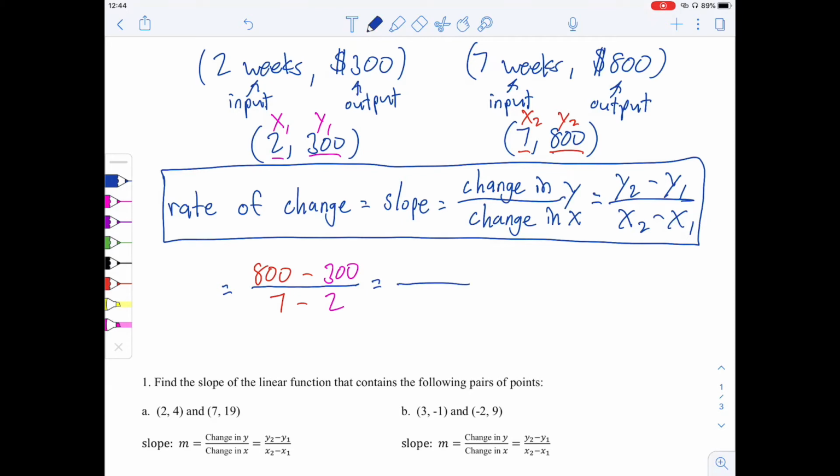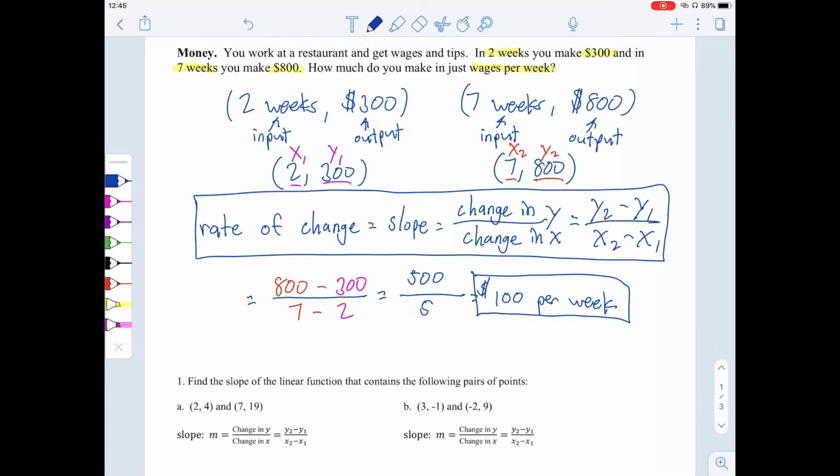So we subtract the numerator first, so 500 over 5. And 500 divided by 5 is 100. So this is $100 per week. That's our rate of change, $100 per week.